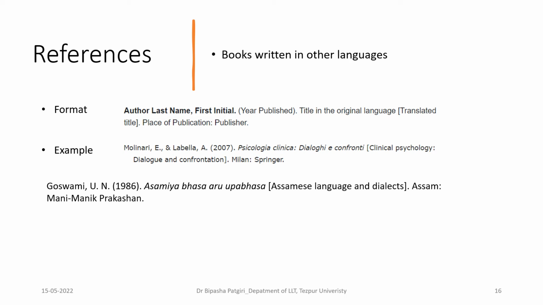So Assamese Language and Dialects is the free translation of the book name. This doesn't mean that I have read or mentioned in the reference the translated version of the book. No, this is just the free translation of the book's title. It was published in Assam by Monimani Prakashan.